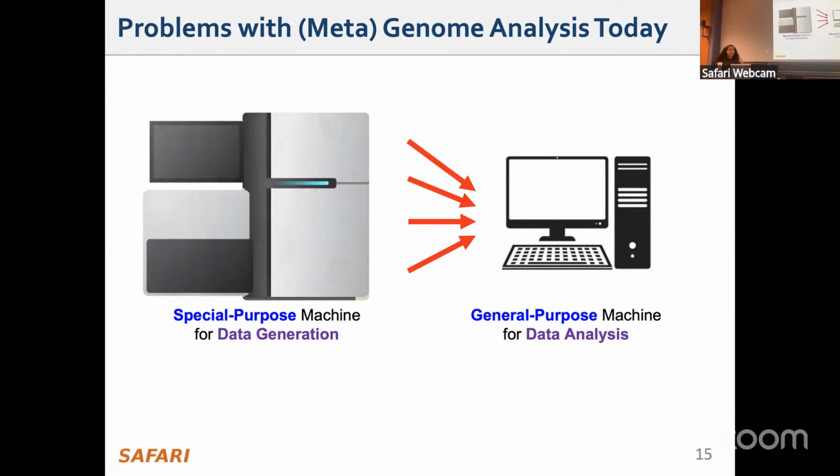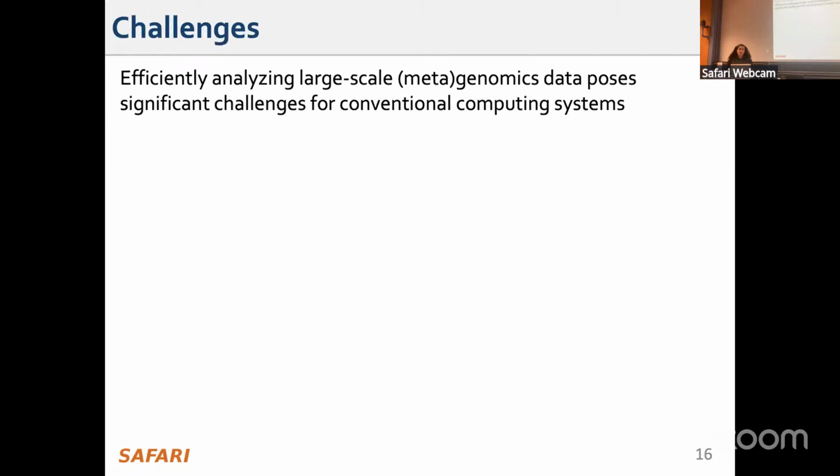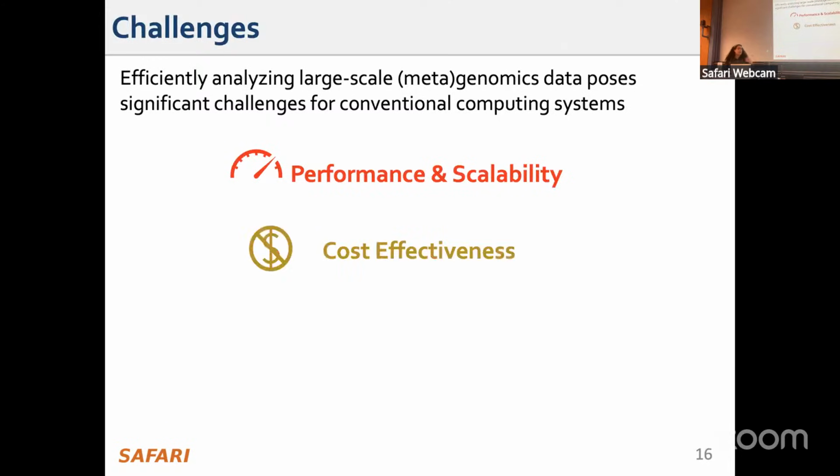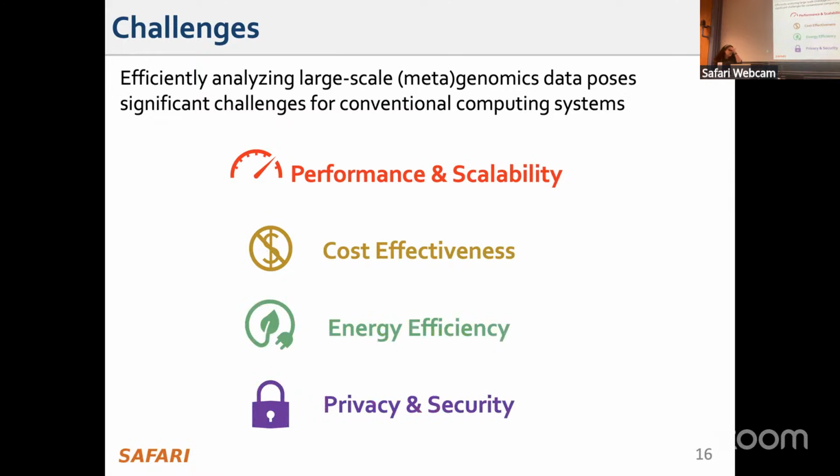So we would be bottlenecked by computation if we rely on these general purpose computing systems. And some challenges would arise in terms of performance and scalability. Cost effectiveness, of course, as we can always scale up and add more and more processing units, but that leads to cost effectiveness issues and energy inefficiencies. And of course, a key challenge in genomics and metagenomic data is regarding privacy and security, which is not particularly what I will talk about in this talk, but it's also a very important challenge.